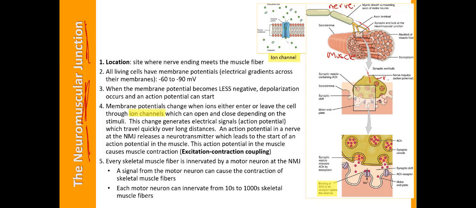This is the nerve here, this is the muscle. And then even bigger, this is the nerve, this is the muscle, right? So what happens is that the nerve can transmit a signal called an action potential that then triggers the muscle to actually contract. And the absence of this nerve impulse means that the muscle relaxes.